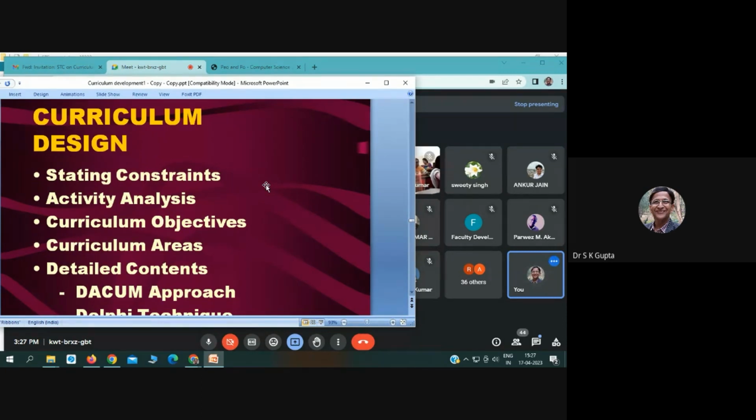Then what will be the duration of the program, whether it will be semester system based, or annual basis, or trimester.